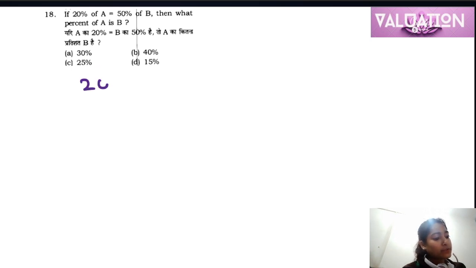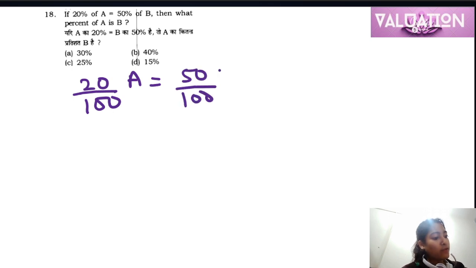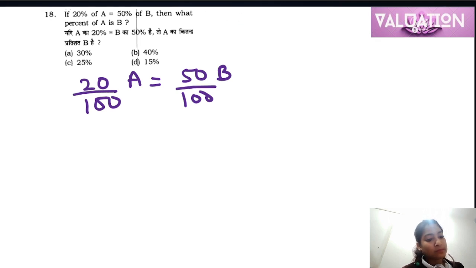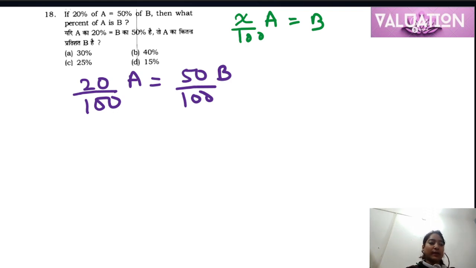If 20% of A is equal to 50% of B, then what percent? Again we will suppose x. x% of A is equal to B. We have to find the value of x.